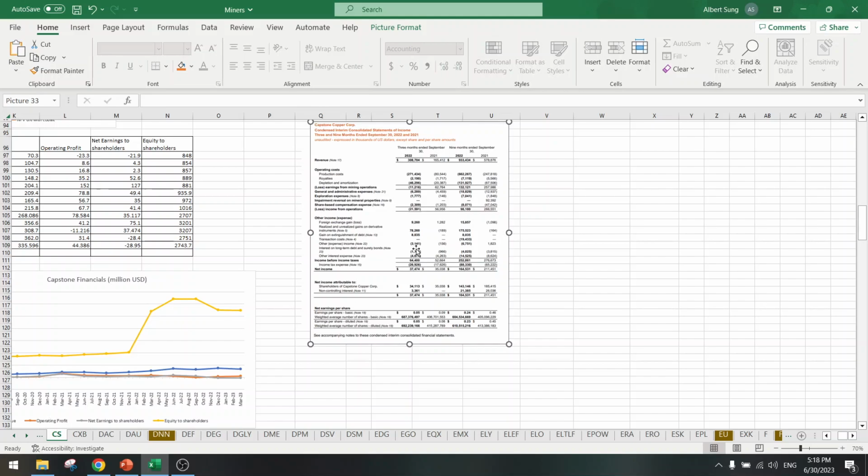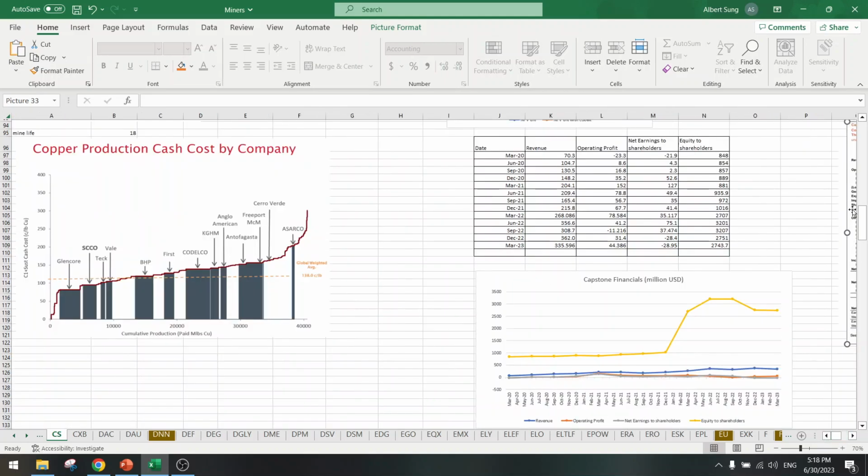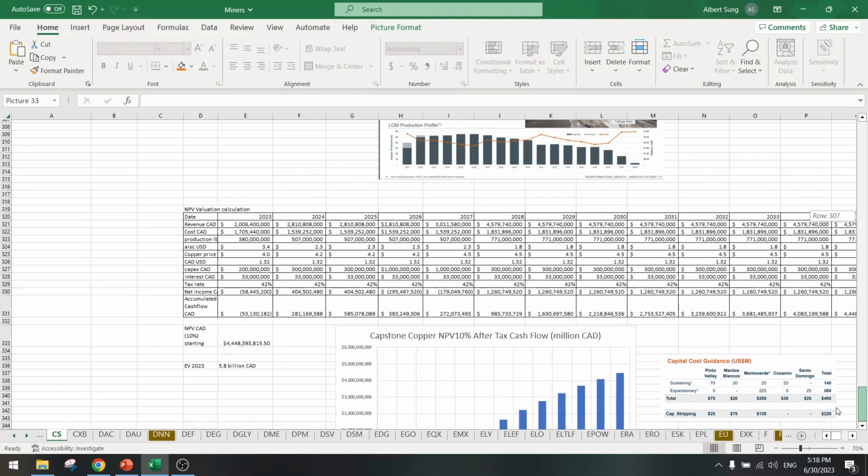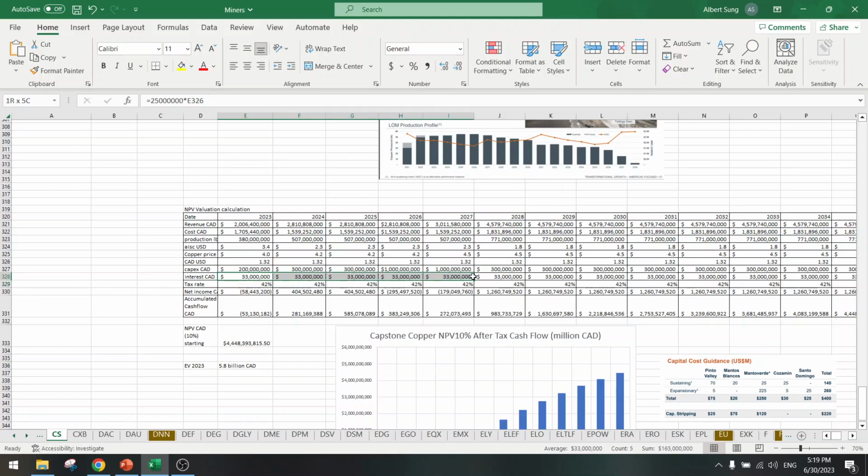So times 4 is 25 million. So we add that here. Interest is 25 million times the exchange rate. Yeah, it's pretty high interest costs.